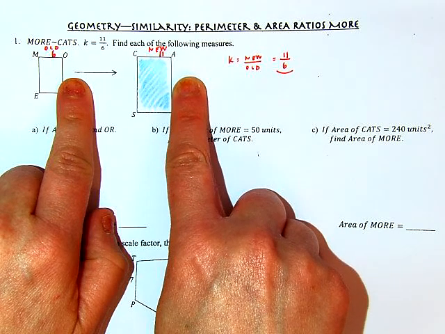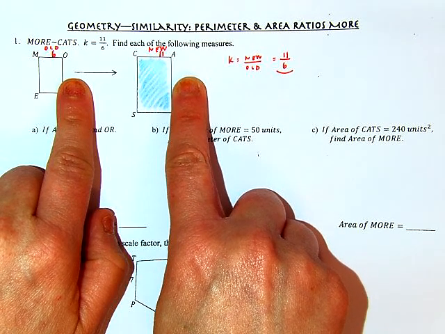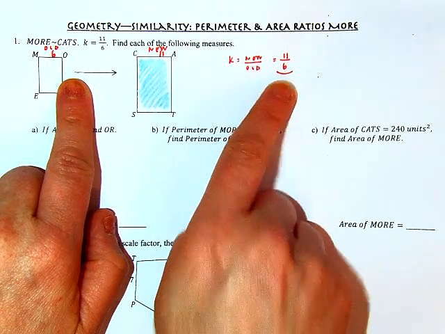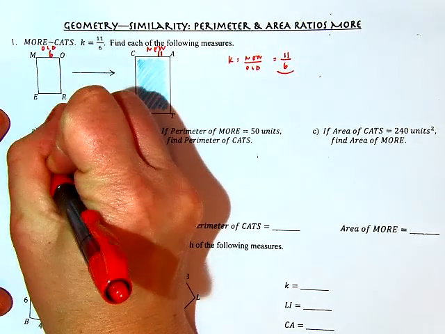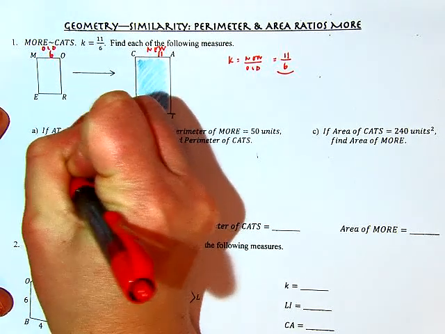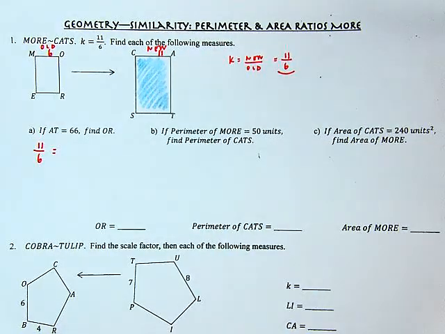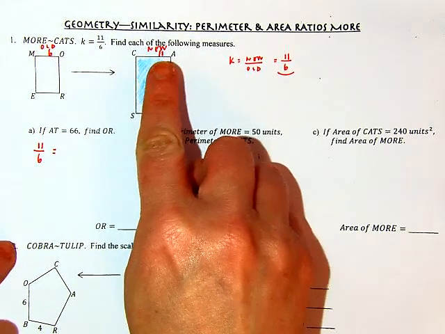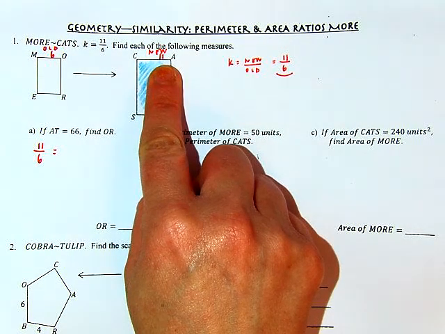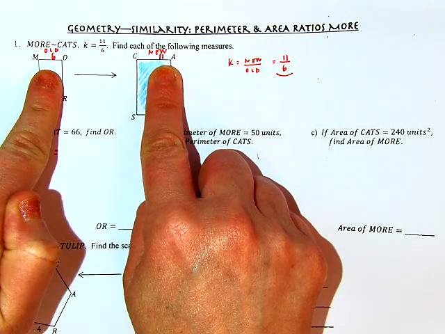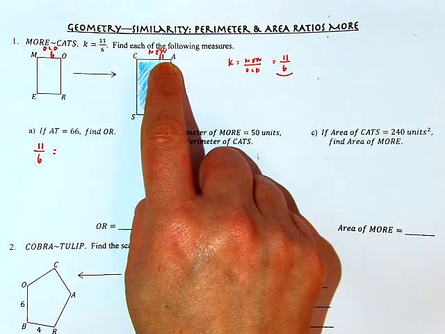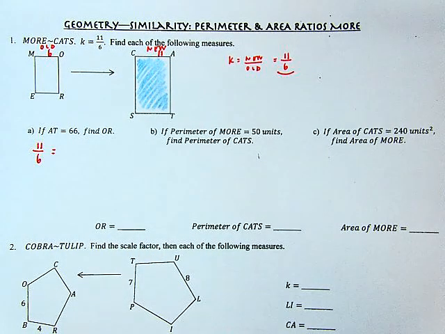Okay, so a couple ways that I could do it. I could build off of my scale factor. So I could say, okay, well, I know that scale factor I was given was 11 to 6. So if I start that way, I know that the 11 is coming from the figure on the right, and the 6 is coming from the figure on the left. So I want to be consistent in how I build my proportion.